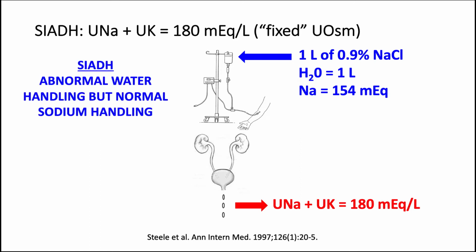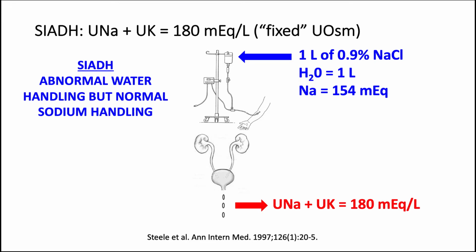They usually retain water, but they don't have any problems handling sodium. So if you give them a sodium load, they should be able to excrete it in the urine because they are in sodium balance. So if you give a liter of normal saline, they should be able to excrete 154 milliequivalents of sodium, but at a concentration of 180 milliequivalents per liter, because that's a fixed concentration. It's not going to change.